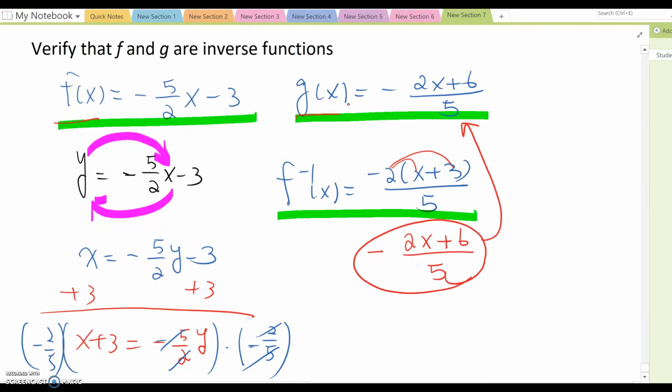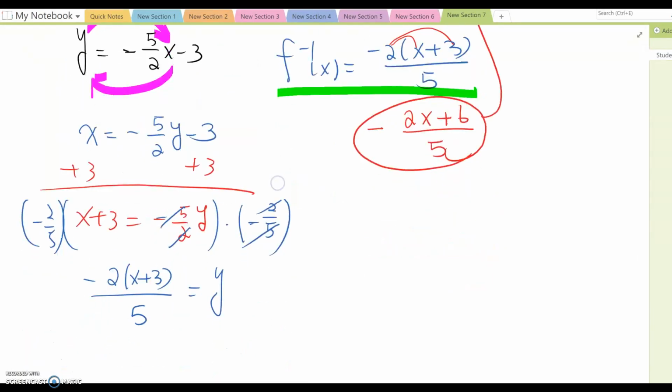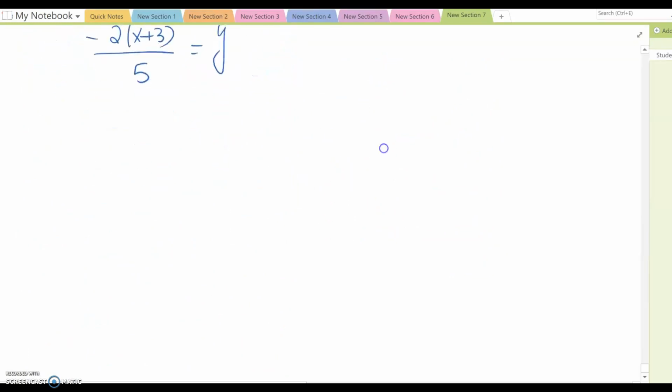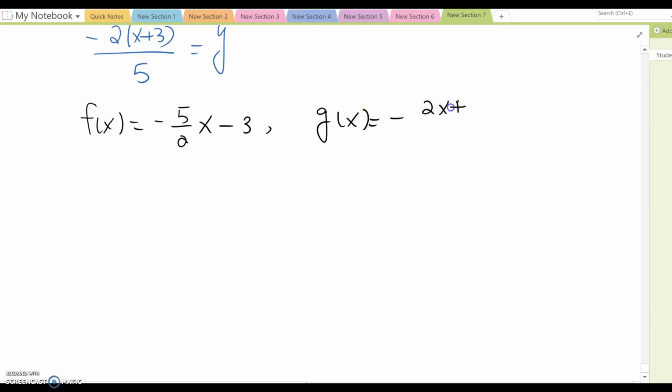Okay, another method: we can use composition of functions, which means we plug one function into another function. So let me copy the original f(x) and g(x) one more time, and then we want to find one of their compositions here.